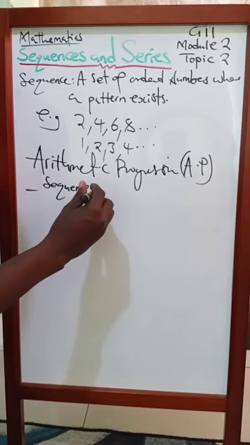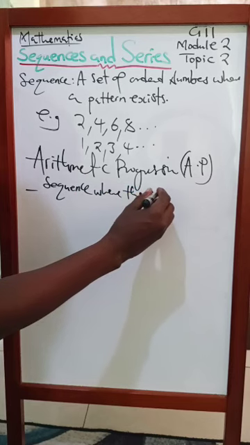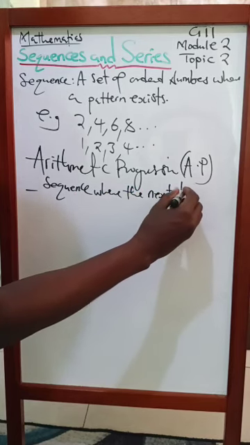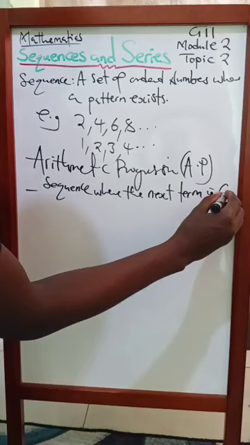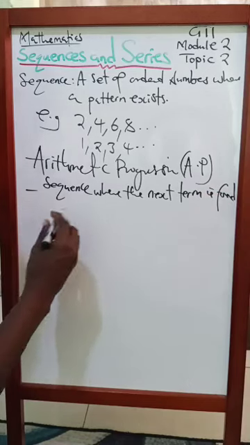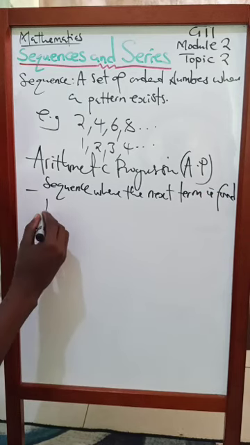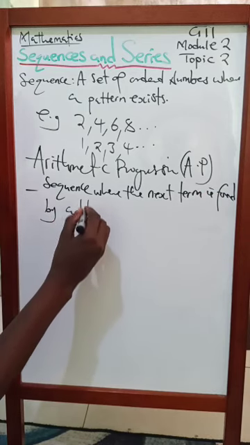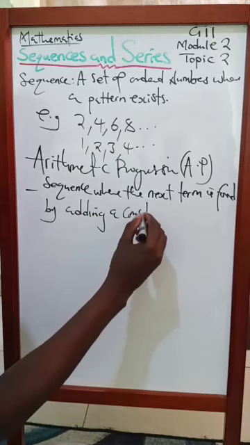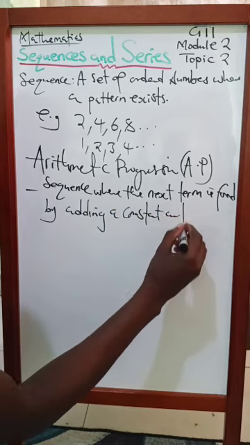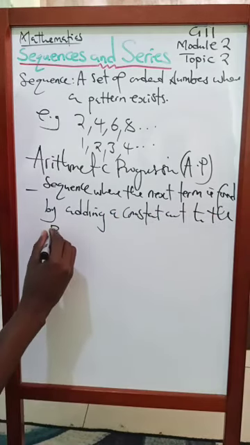An arithmetic progression is a sequence where the next term is found, or you can use the word formed, by adding a constant amount to the previous term.